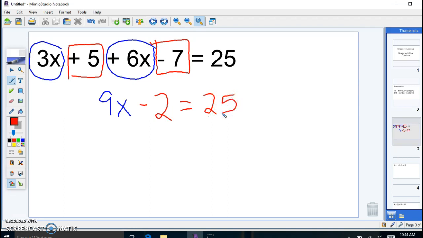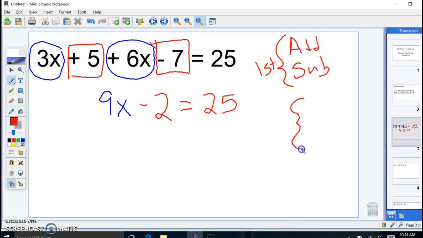From here, I need to isolate the variable, get the variable all by itself. So remember the reverse order of operations. If there is addition or subtraction, those are the first two things that we want to undo.